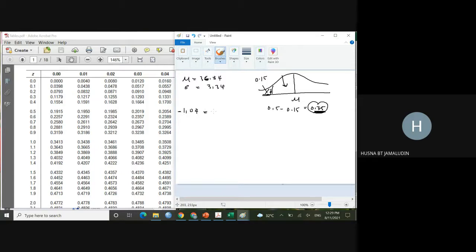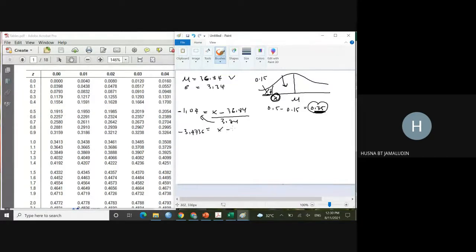Equals to z equals x minus mu over sigma. What is your x value? You don't know the x, right? Because you are currently finding the x. So x minus the mu, 36.84, over sigma, 3.34. Then just rearrange them: this number multiplied with this number, you should get negative 3.4736.